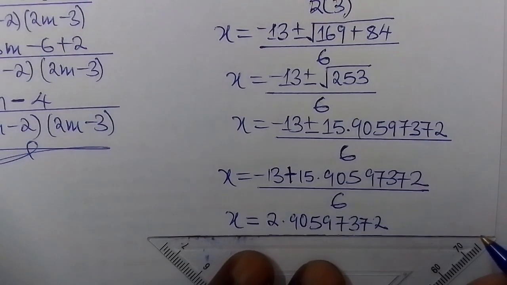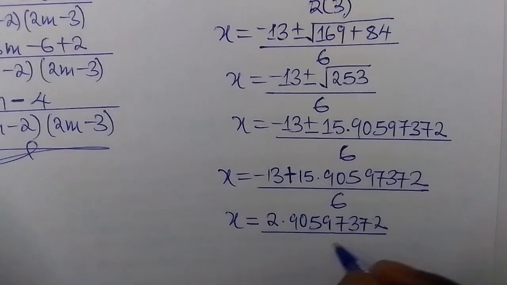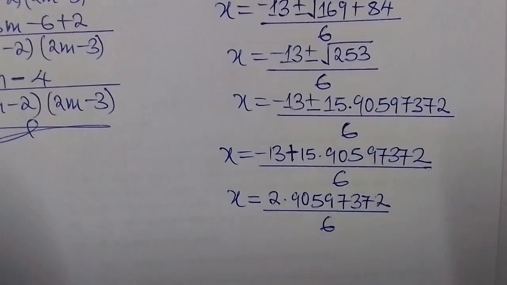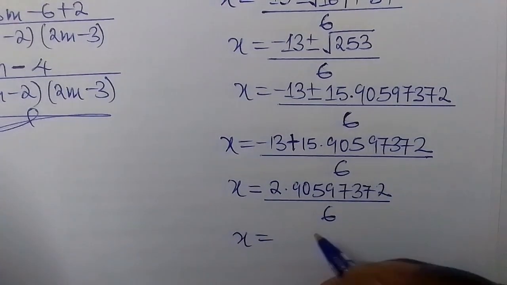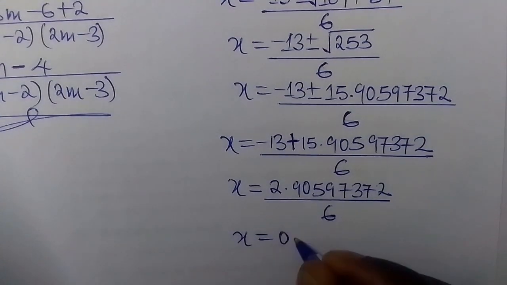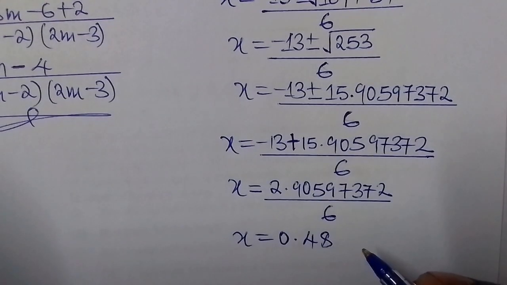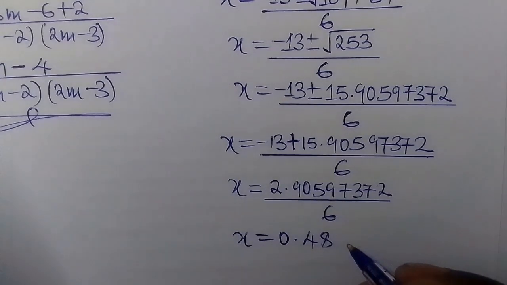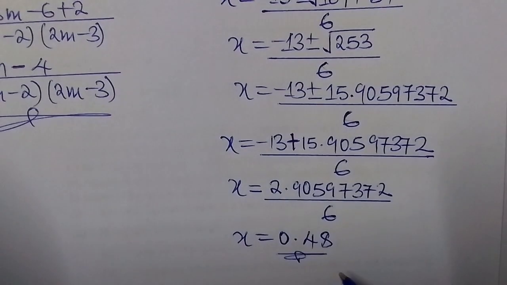Then now we divide by 6. Dividing by 6 will give us x equal to 0.48. So this one is a rounded off value, correct to 2 decimal places, 0.48. So this is for the addition.